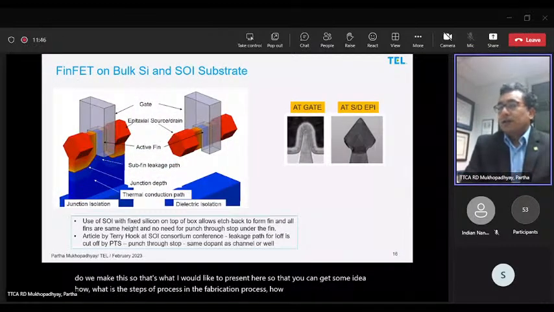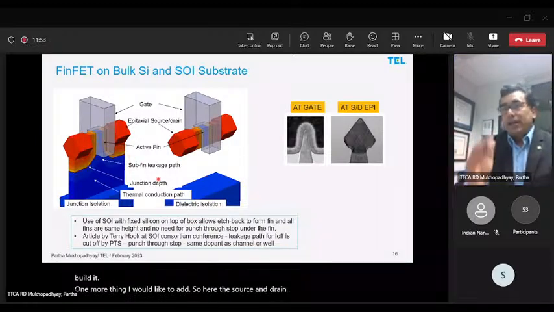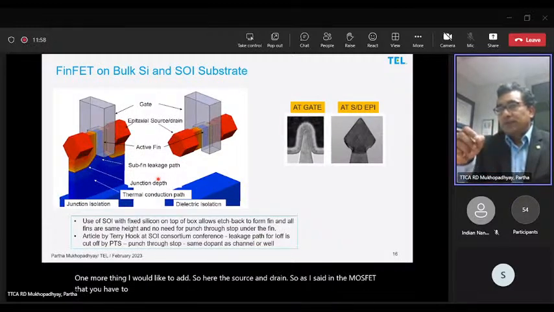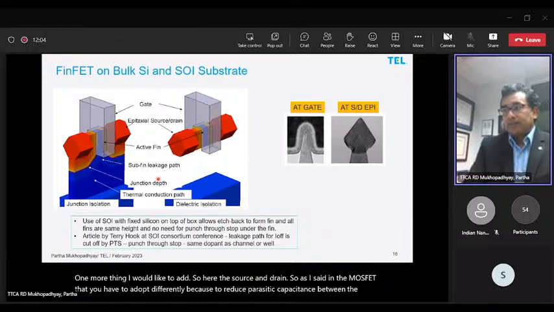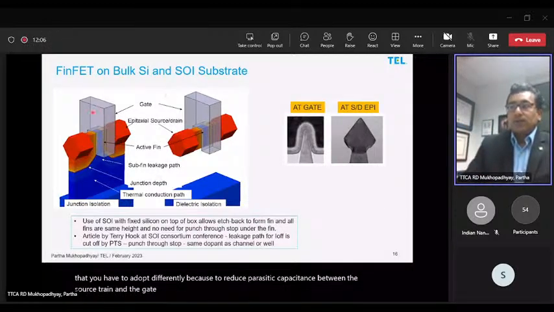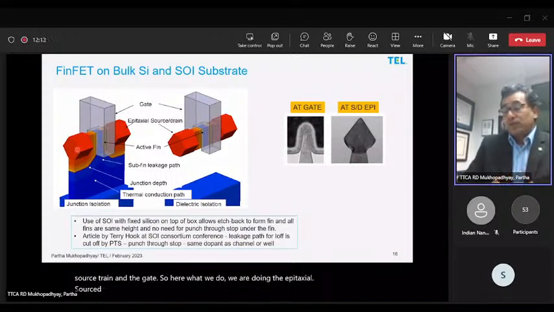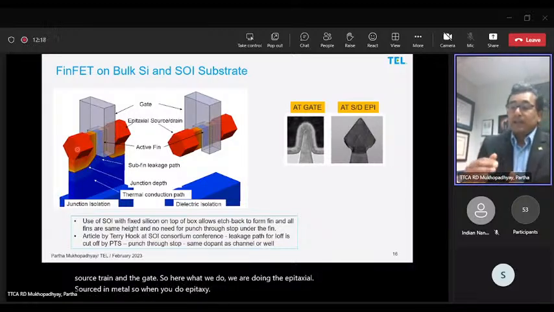One more thing I would like to add. Here, the source and drain. As I said, in the MOSFET you have to dope differently to reduce the parasitic capacitance between the source drain and the gate. Here, we are doing the epitaxial source drain. When you do epitaxy, we have to anneal.